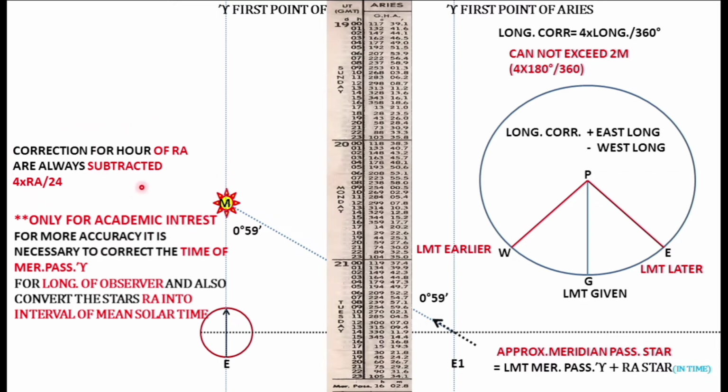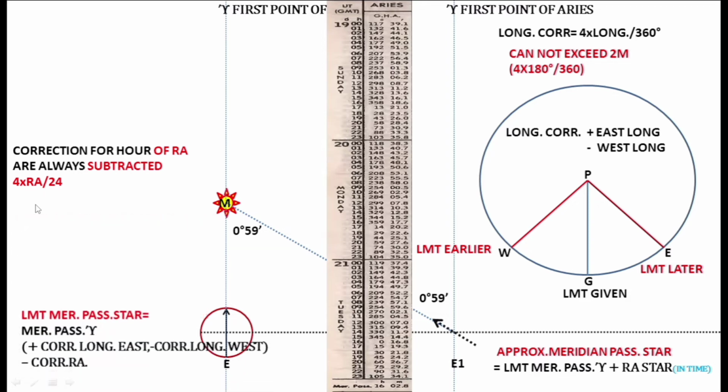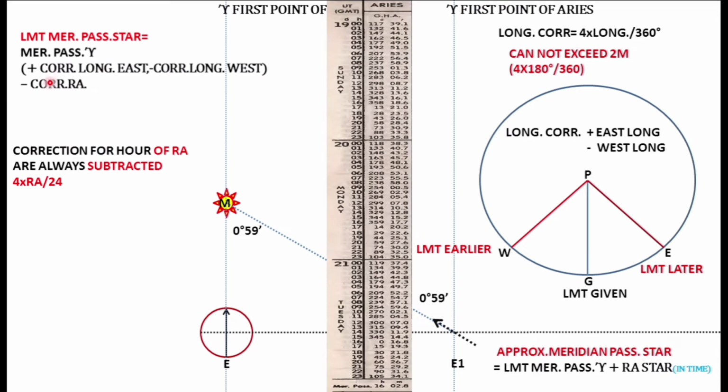But for more accuracy, RA, coming early, will always be subtracted. So 4 multiplied by RA over 24 will be the correction for RA, and that has to be always subtracted because it's coming earlier. So the more appropriate equation would become meridian passage of Aries, plus east minus west longitude correction, and minus the correction for RA. As I said, I've not seen much of this being used. It's only for your academic interest.